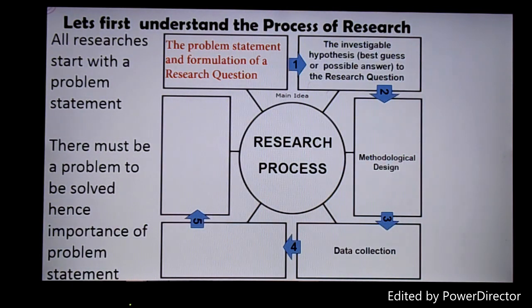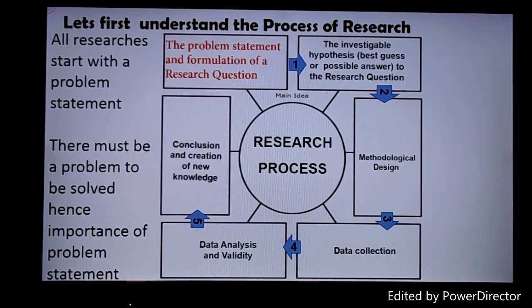We go out and collect data. We analyze it and validate the same, and conclude by creating new knowledge or solving the problem. So, in red, you see the importance of the problem statement. If we get it wrong at the beginning, then the whole process becomes flawed.